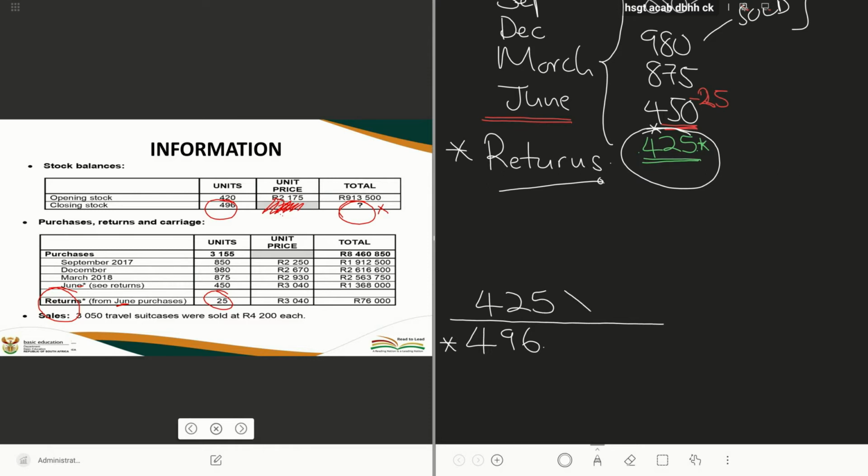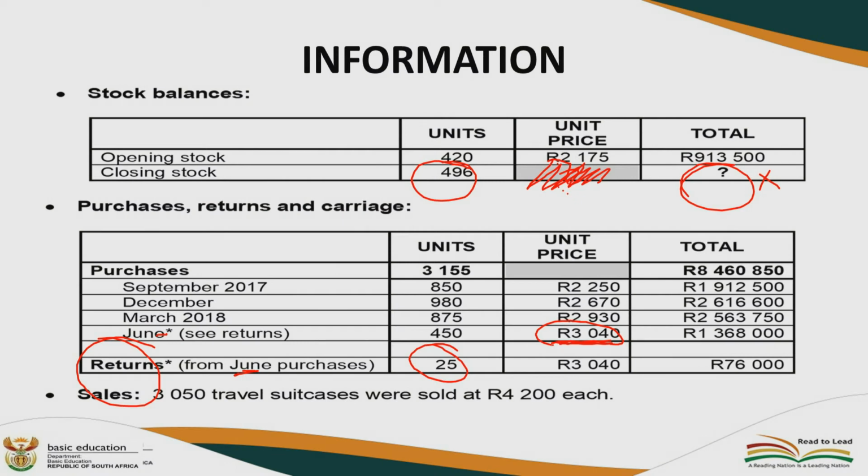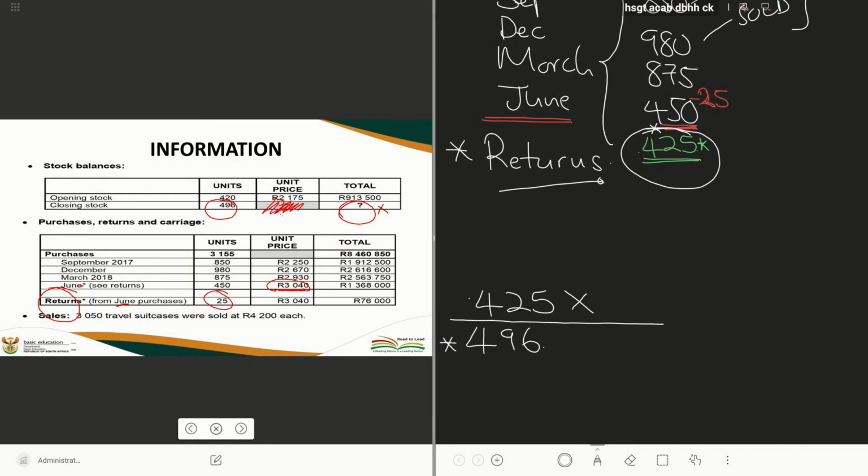You now need to multiply this by the June unit price. And what is the June unit price? 3,040. So 425 units multiplied by 3,040. Now, grab your calculator. 425 multiplied by 3,040. You get 1,292,000.